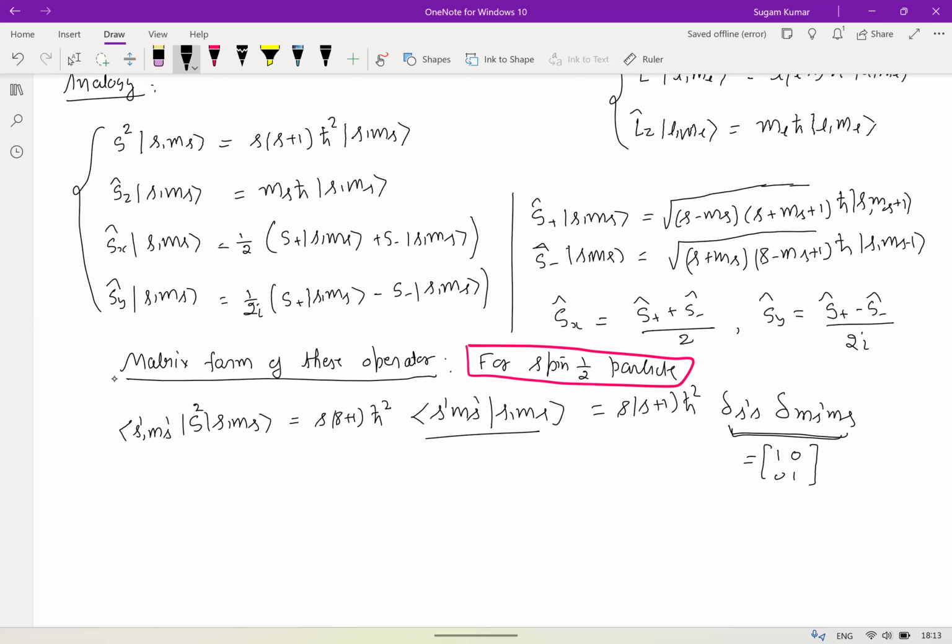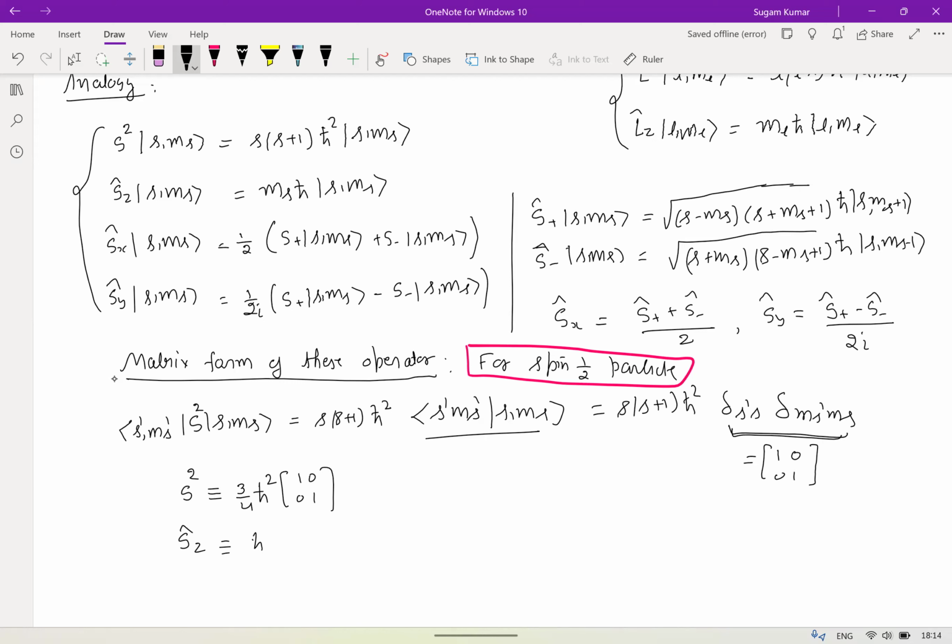And accordingly, you can see that the matrix representation of this S² is going to be 3/4 ħ² times 1, 0, 0, 1. And the same logic you can apply, and you can calculate the matrix for the Sz.